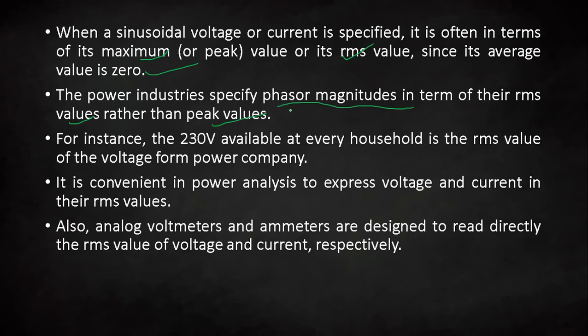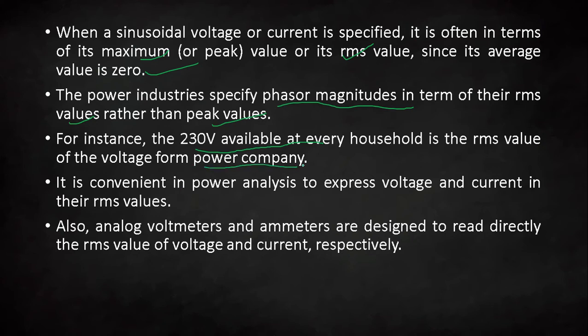So whenever you are dealing with a voltage or current in a power system or in any electrical engineering subject, you will always deal with the RMS value or the effective value of voltage and current. Let's say for example, the 230 volt available at every household is the RMS value of voltage from the power company.